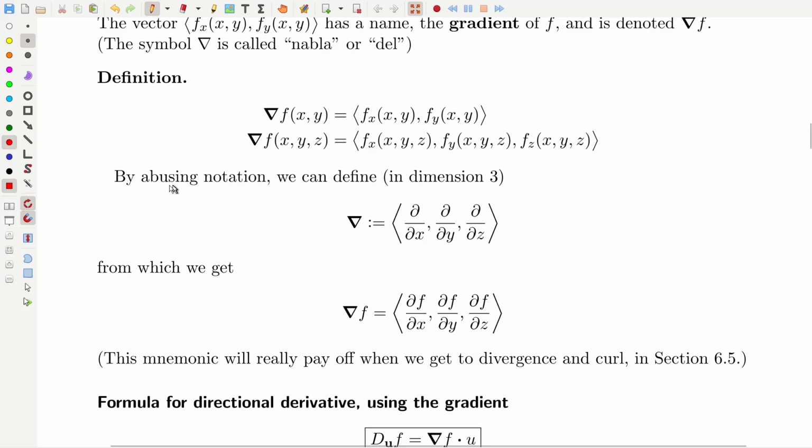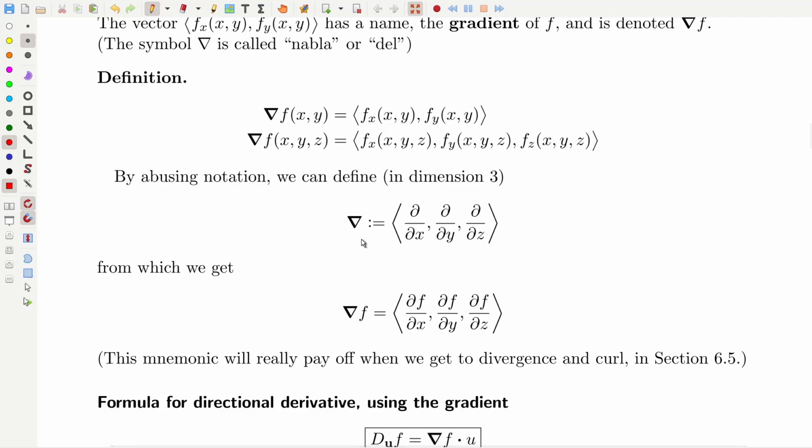So this is why this is an abuse of notation, because this is not really a vector in any sense that we're familiar with, right? We're used to a vector populated with numbers. We're used to a vector populated with functions. That's called a vector valued function. But this thing, it's populated with what I guess would be called differential operators. Your entries are derivative operations.